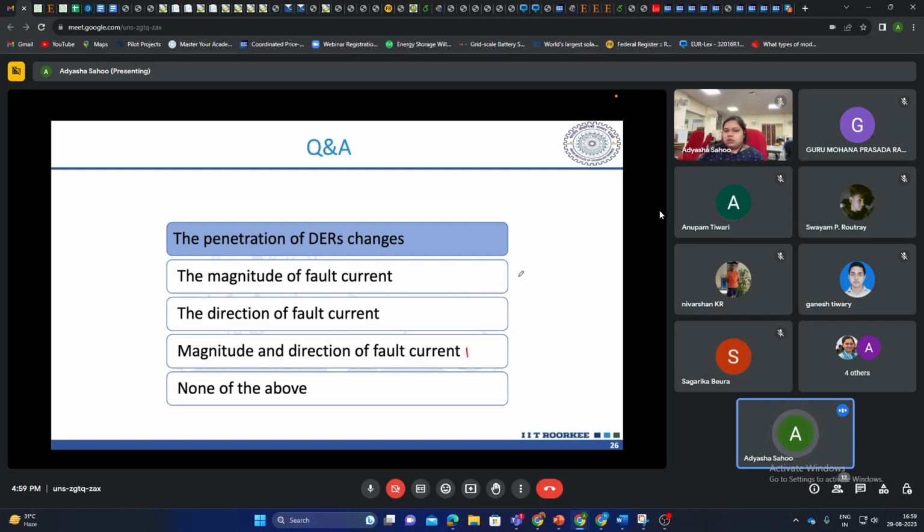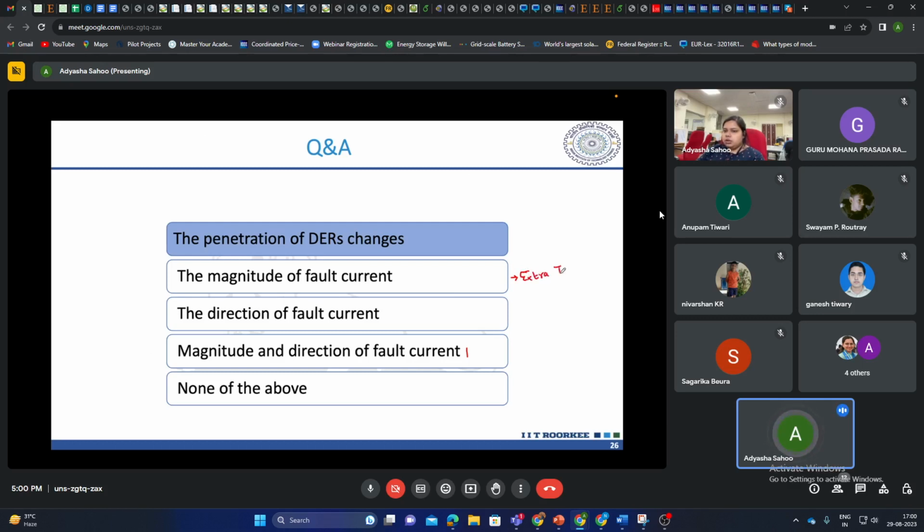I think we saw it in the protection issues when considering distributed energy resources. There we saw that it can alter the magnitude of fault current because we'll have extra sources in the form of DRs feeding the fault current.